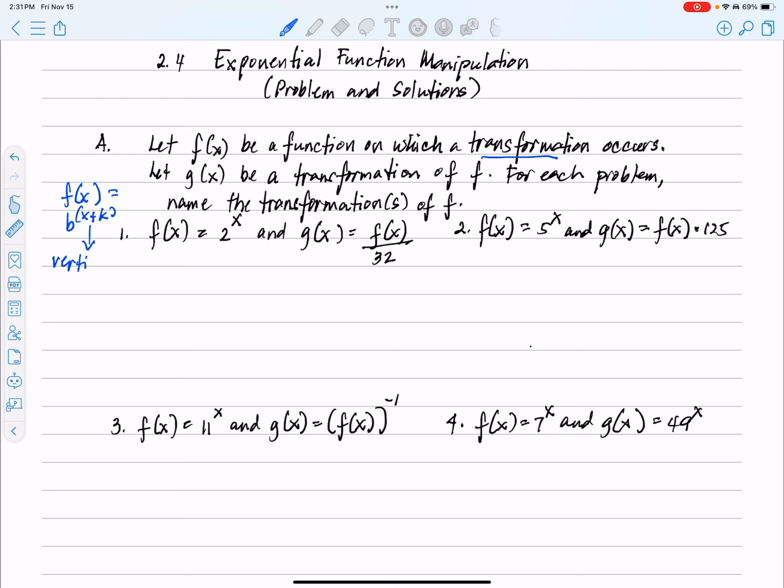That is, f of x would become b to the power of x times b to the power of k, where we put b to the k in front of it, times b to the x as a common factor, a times b to the power of x, where a is equals to b to the power of k.